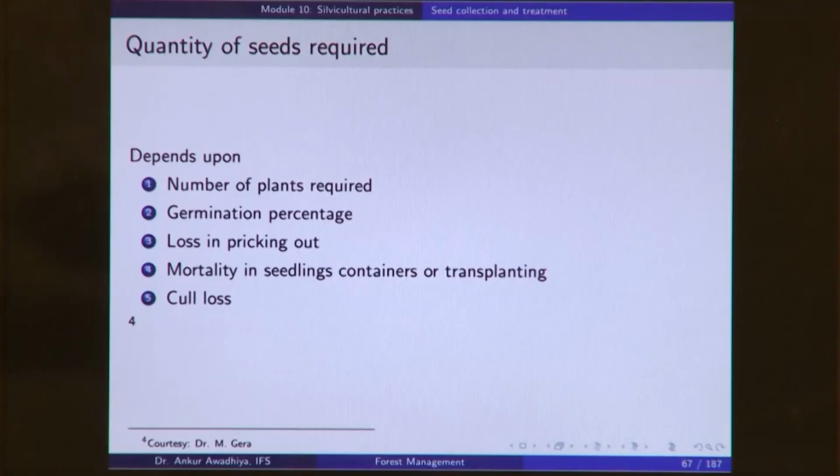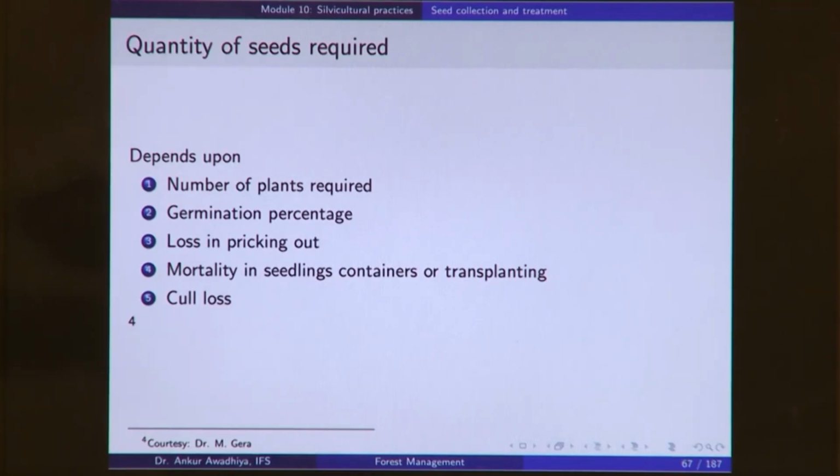Now, how many seeds do we require? The quantity of seeds that are required for your silvicultural operations depends on a number of things. The first one is the number of plants that are required.